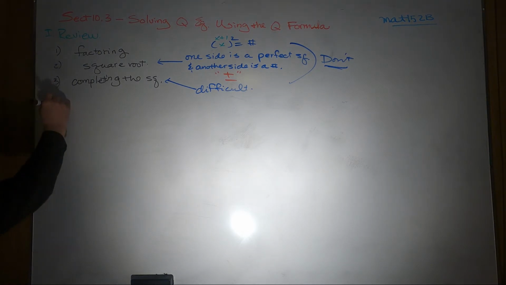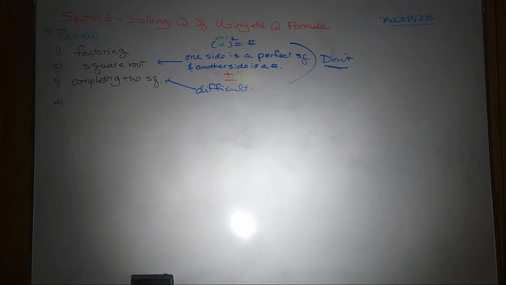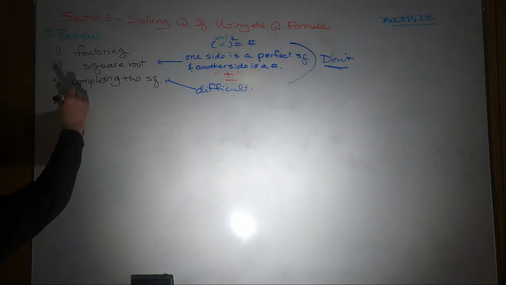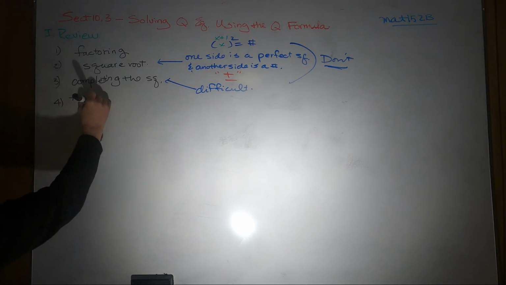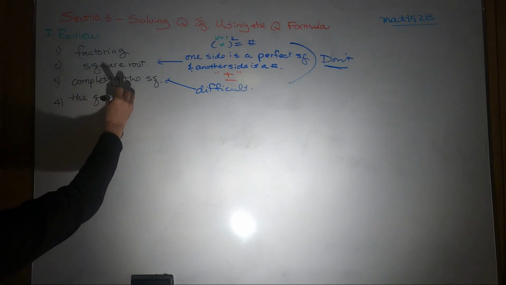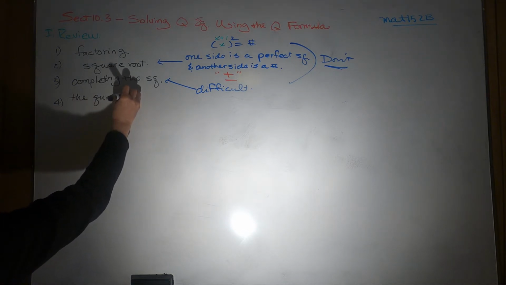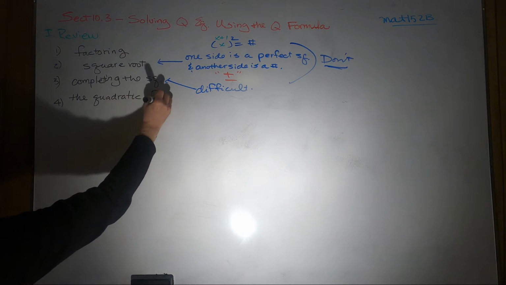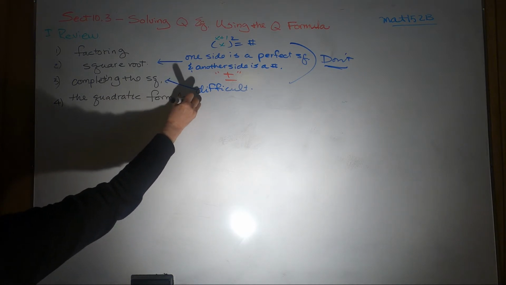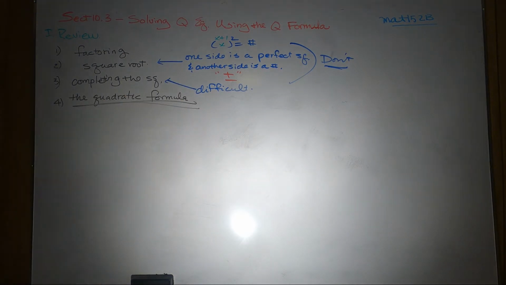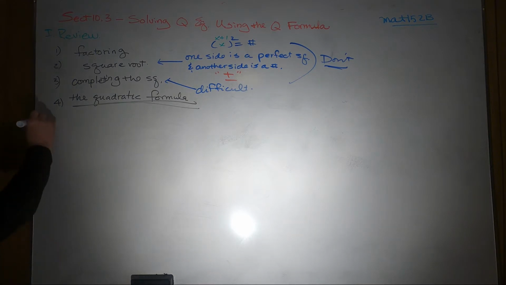Today we are going to use something else. It's called the quadratic formula. Then see how it works for you. We are solving quadratic equations. What is a quadratic equation? We keep repeating that.